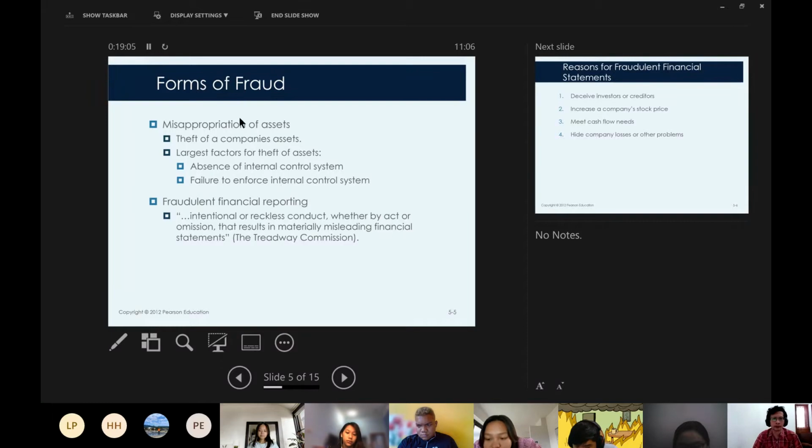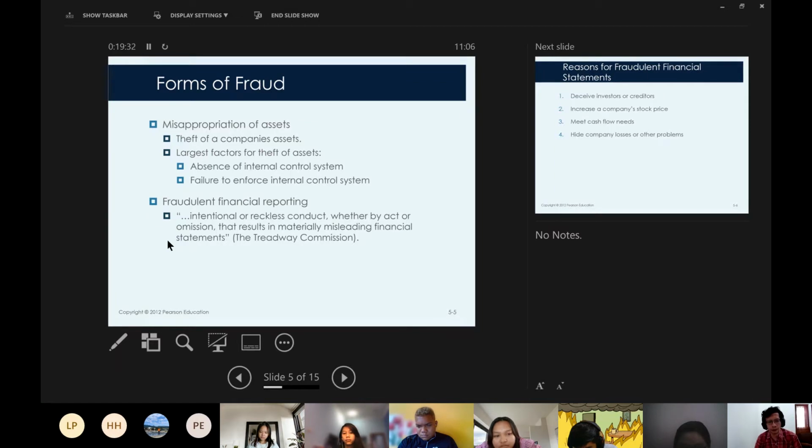Misappropriation of assets, although it happens frequently, the loss is not that big. The biggest loss could be from fraudulent financial reporting. It's not creating a fake financial report; it's a genuine financial report, but it's not representing the real financial condition.